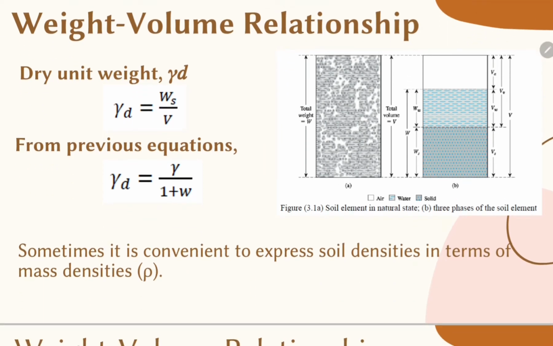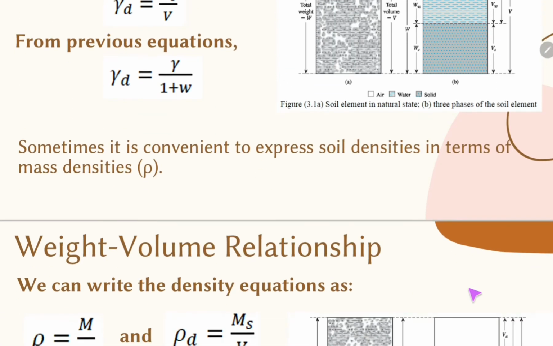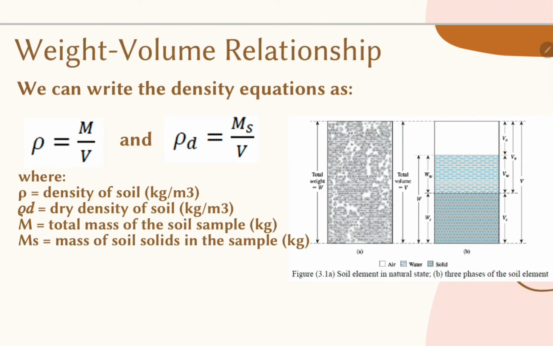And also guys, sometimes it is convenient to express soil densities in terms of mass densities. And for the density, we know naman, diba, that density is mass over volume. Now, if you want to get the dry density, you remove the water to make it dry. We know that total mass, para lang siyang weight, no?